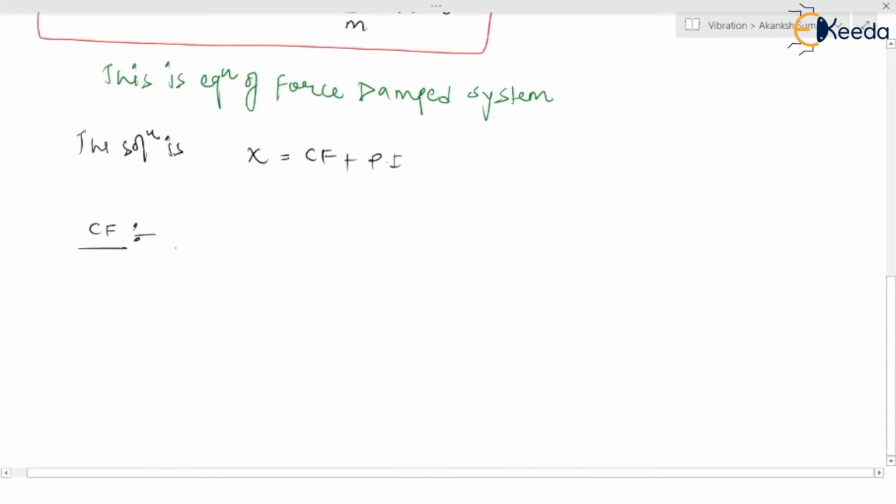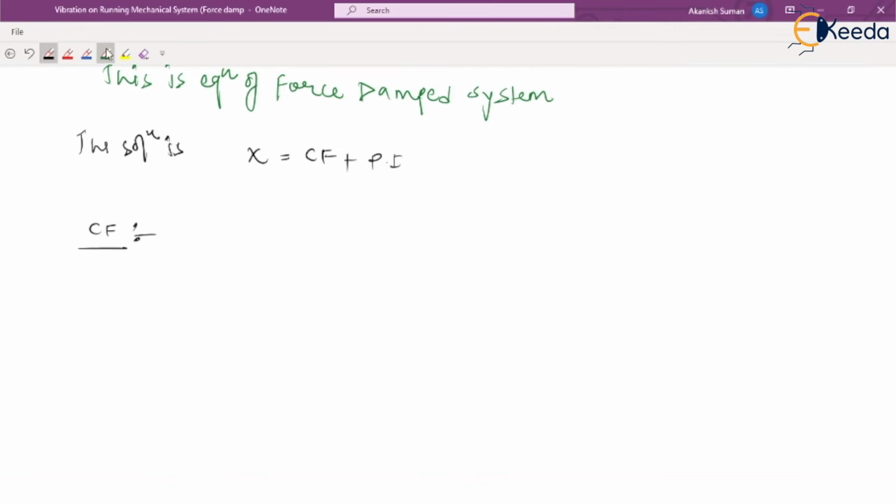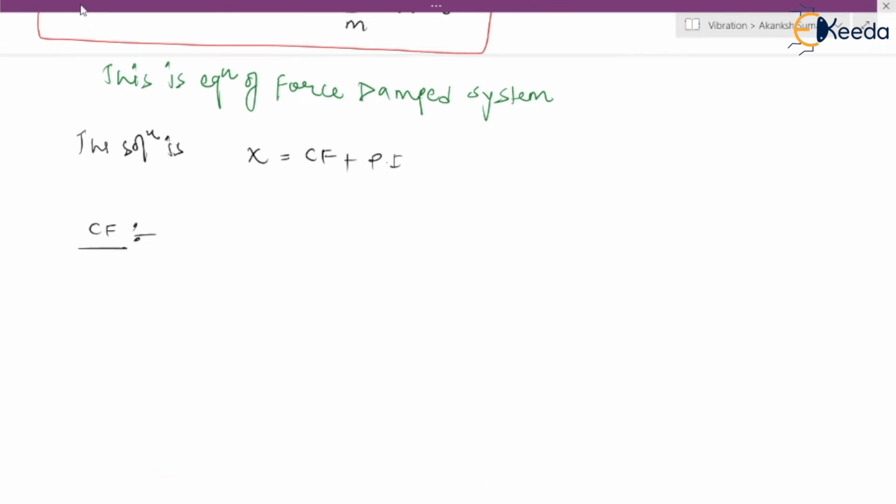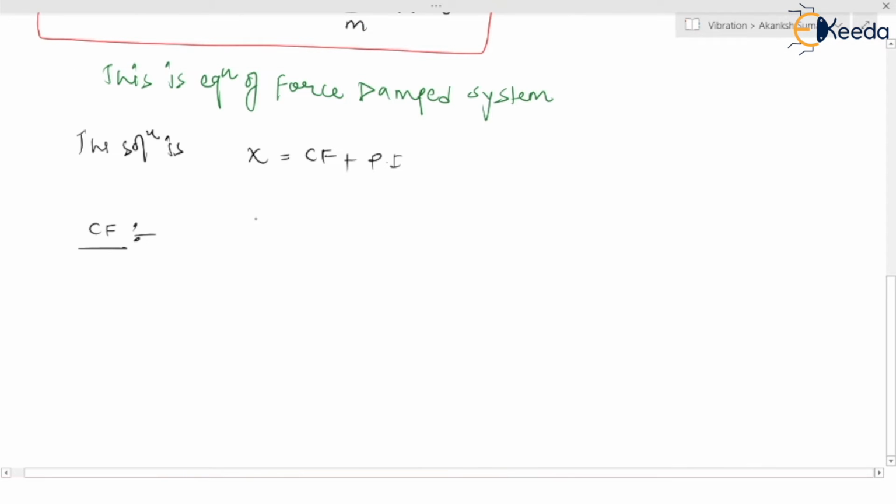See, there are three possibilities for the damping factor: zeta is equal to 1, zeta is less than 1, and zeta is greater than 1. We all know the damping factor has three cases. It may be less than 1, equal to 1, or greater than 1.